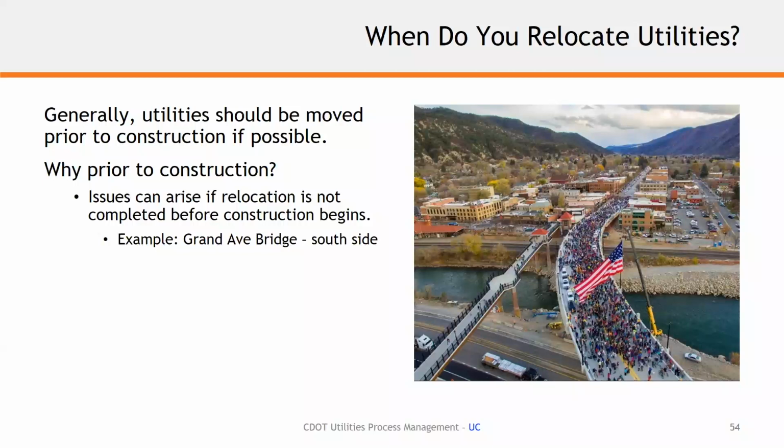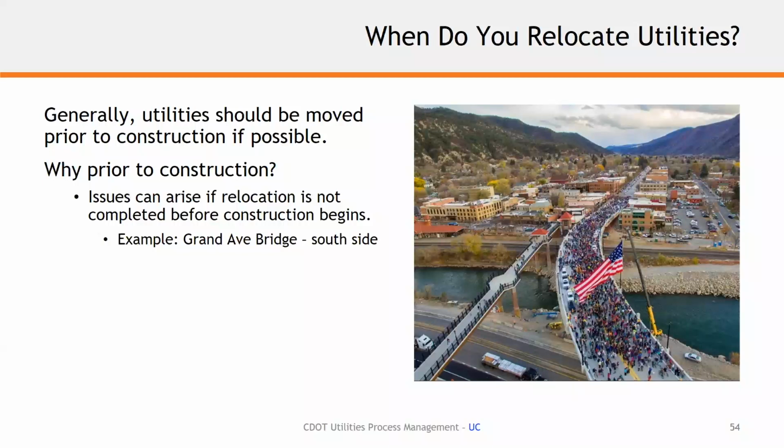If the gas company had waited to start when our construction contractor started, they would have been on top of each other, and there would have been conflicts in the downtown area, in the streets, where new storm drain lines needed to be put in while they were building this bridge.